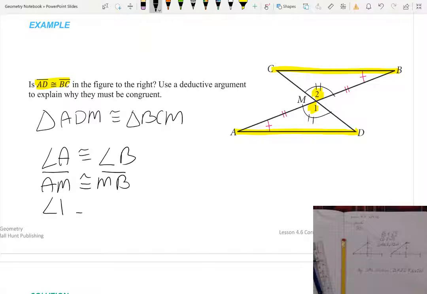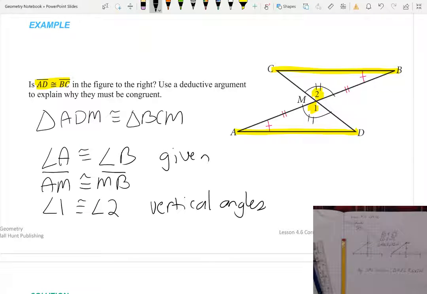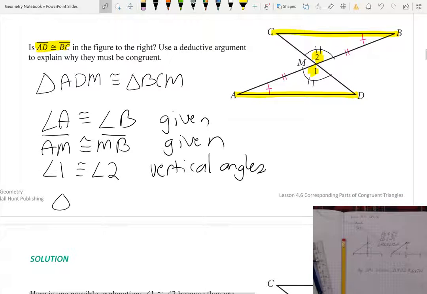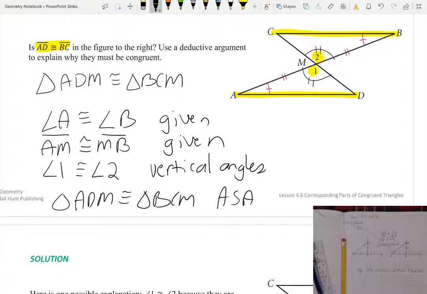And angle 1 is congruent to angle 2. So because this is all true, and this is because of vertical angles, and these other two are given to us, then what's true? Well, triangle ADM is congruent to triangle BCM.